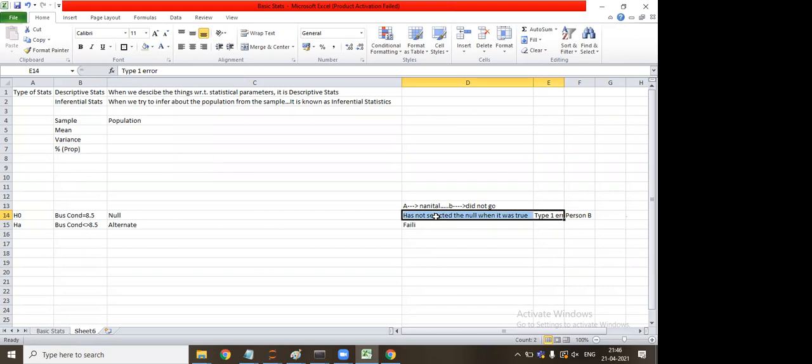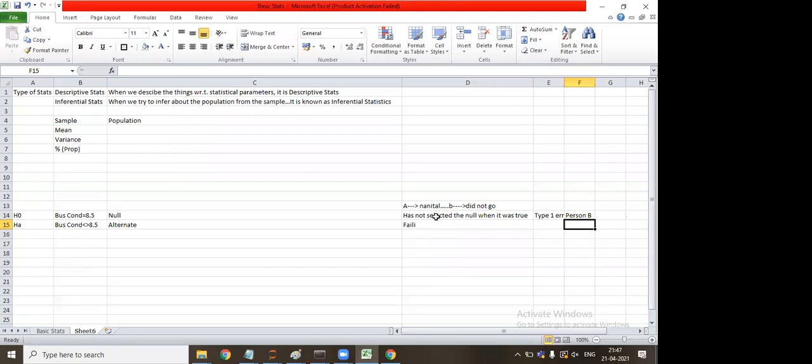Yes, sir. Now I'll reverse the condition. Person A went to Nainital, it is fine. Person B did not go. When person B called person A, how is the bus?